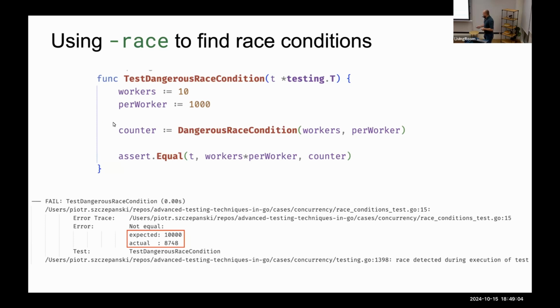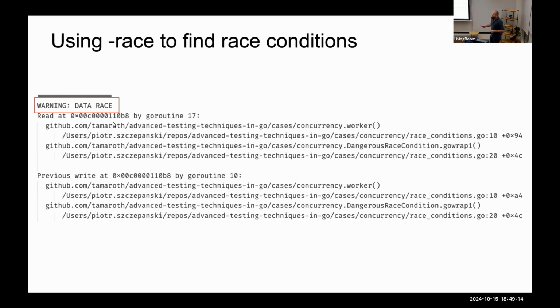So I strongly suggest using -race in your test suites when you run the tests, in your CI/CD or something like this, because this will show you that there is a data race. Even if you don't specifically test for this, but your program uses some form of parallelism, it's worth enabling, because it can find this in most unexpected places.